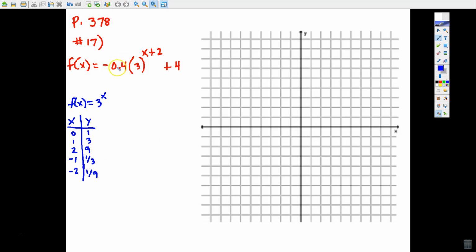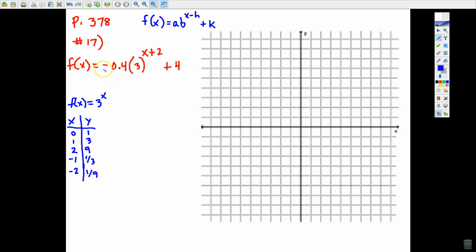Okay, now let's talk about this guy. When I multiply, remember using variables, this represents the transformation that looks like this. So this number A is actually going to do two things in this case. It's going to do compression because we're multiplying by a decimal between 0 and 1. But then we also have this negative, which is going to cause a reflection over the x-axis.